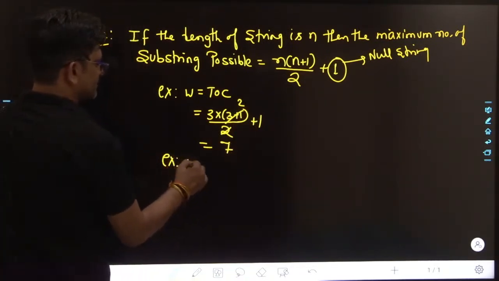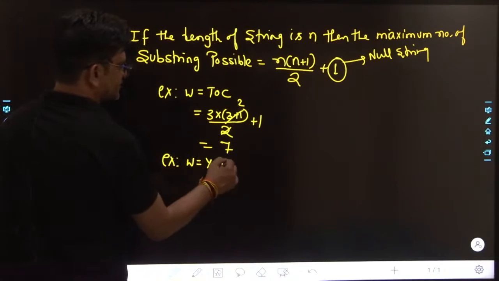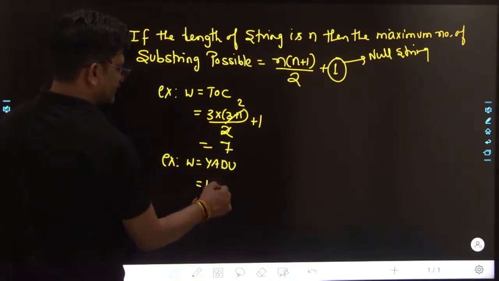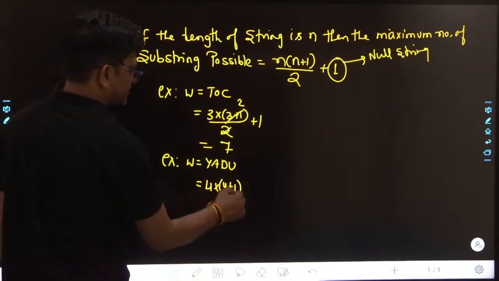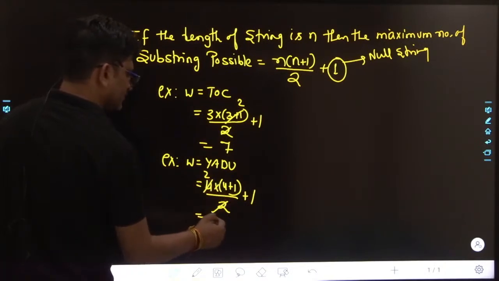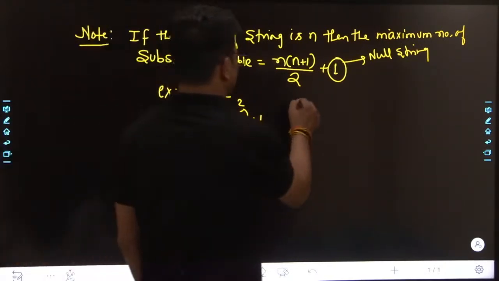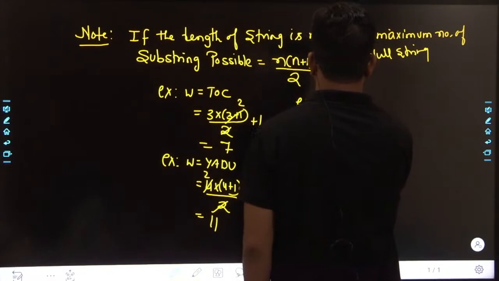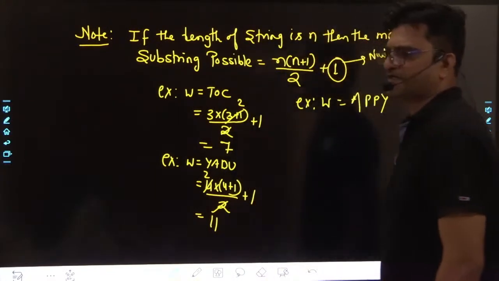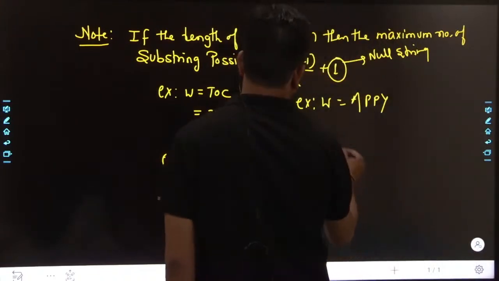Next string is Yadu. Each character is unique, that's why we get 11 substrings: 4 into 4 plus 1 divided by 2 plus 1. But in the case of APPY, P is repeated 2 times, that's why we get 10.